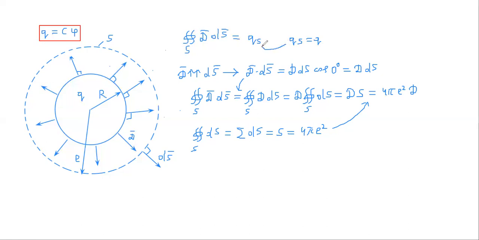So we can substitute Q_S here, and we can substitute this integral here, and as a result we will obtain 4 pi L squared D is equal to Q.